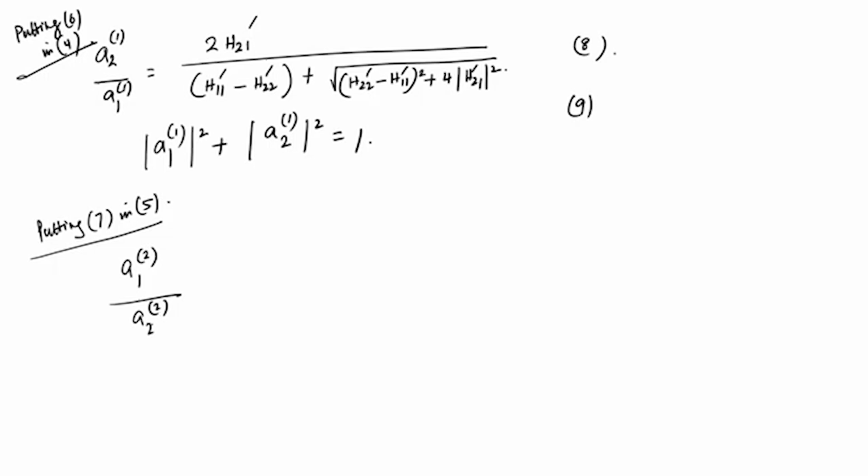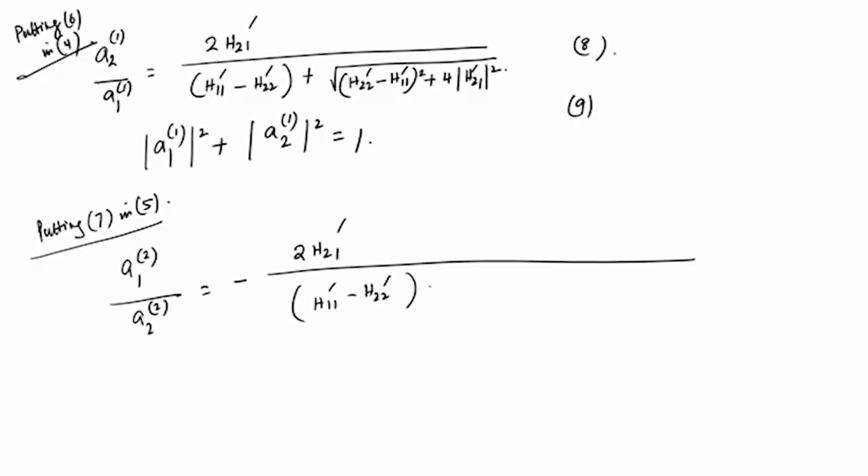And this is with a negative sign, and 2H21 prime, and we have this H11 prime minus H22 prime plus root over of H22 prime minus H11 prime square plus 4 H21 prime square and so on. Okay.